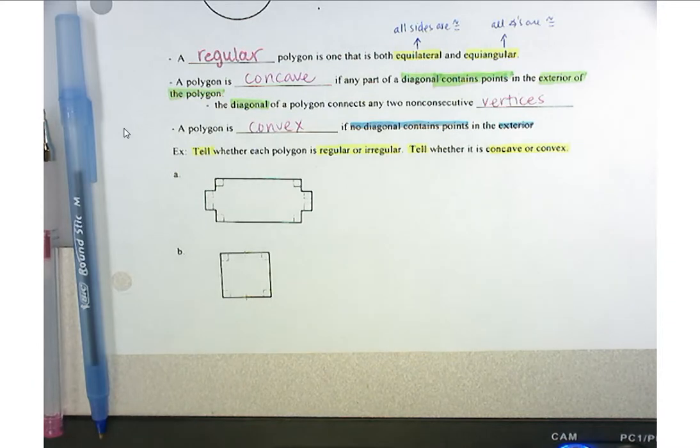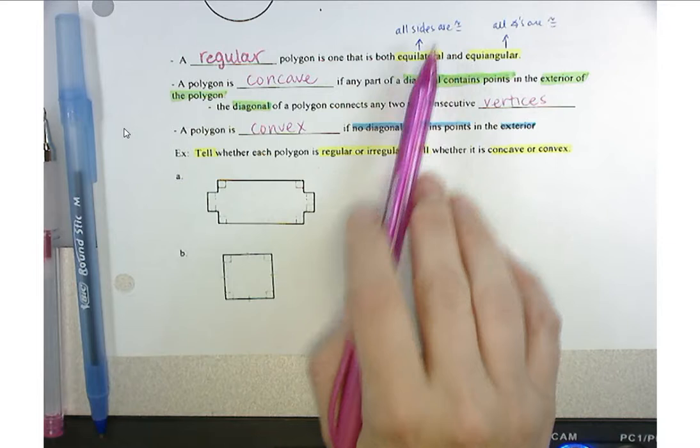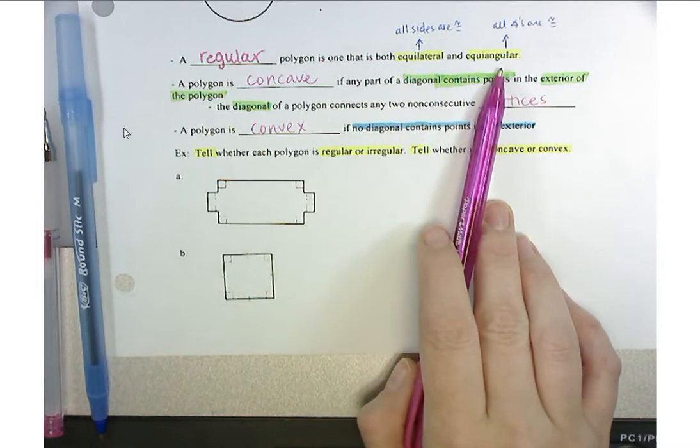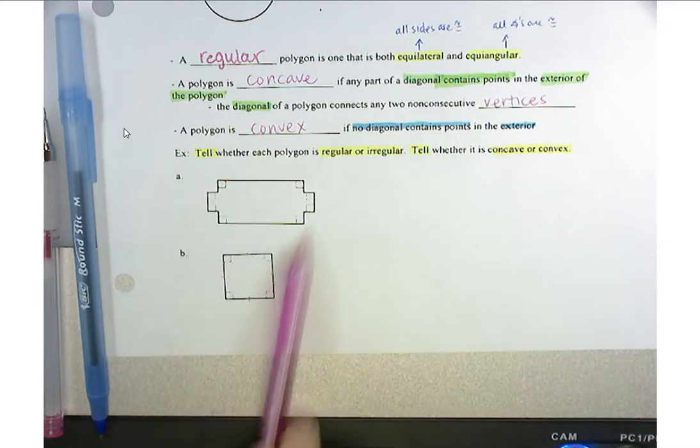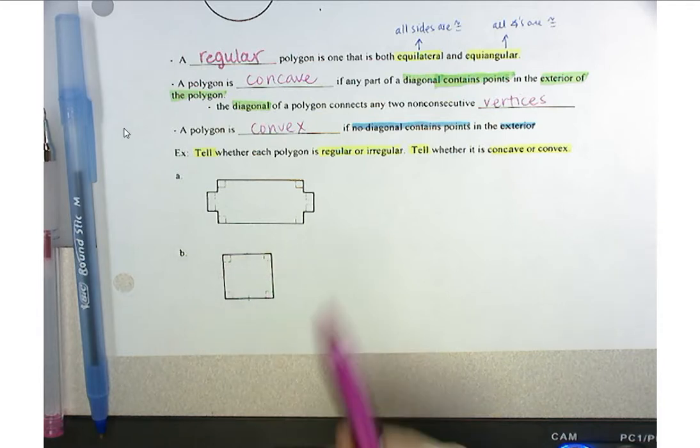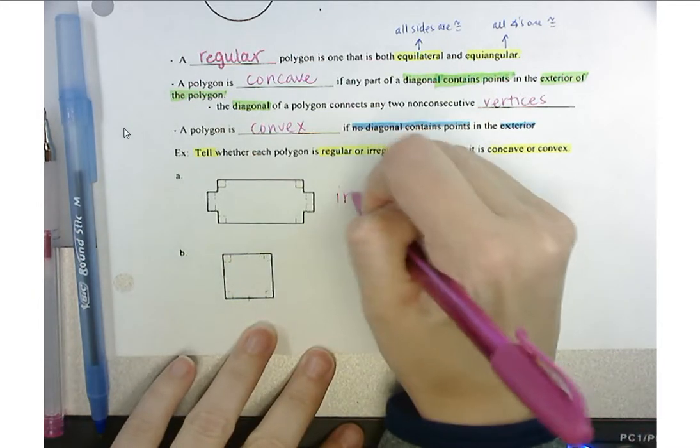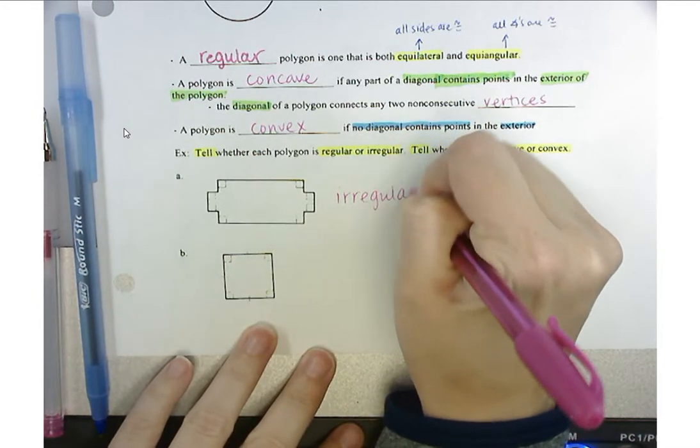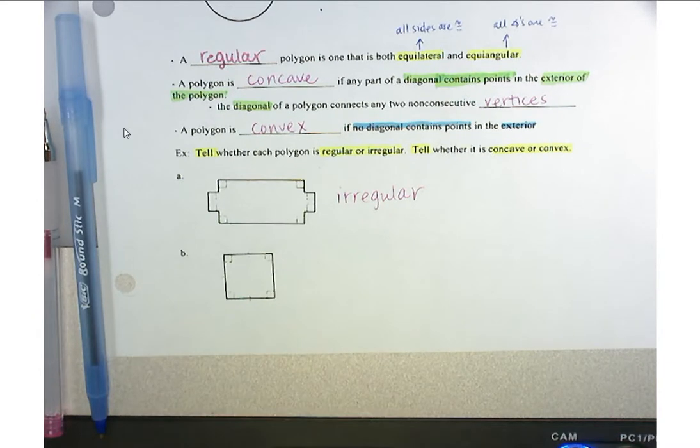So for part A, the first thing we'll assess is whether it is regular or irregular. So for regular, all the sides are congruent, all the angles are congruent. Are all of my sides congruent here? No. Nope, so then it has to be irregular. Okay, let's actually do that with this one too. So are all my sides the same?